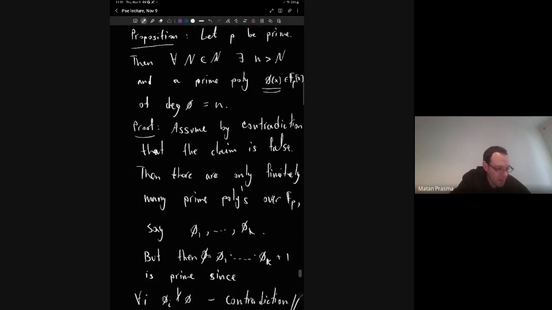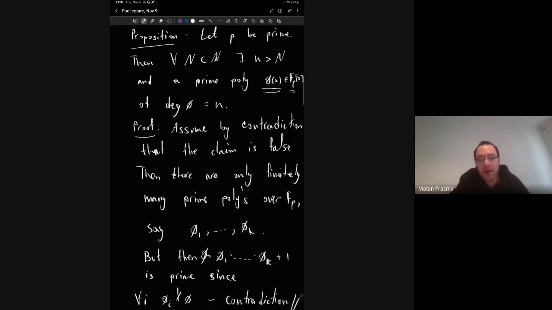Let me just mention why, if I assume that the claim is false, I know that there are only finitely many prime polynomials. Because Fp is finite, and if so the set of all polynomials of a given degree d over Fp is a finite set.